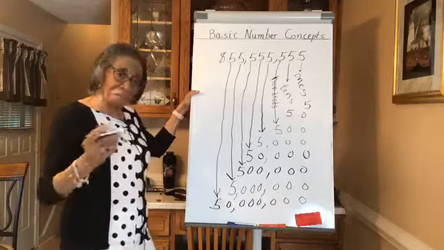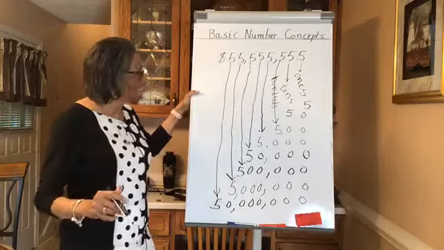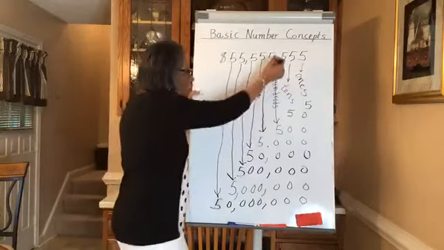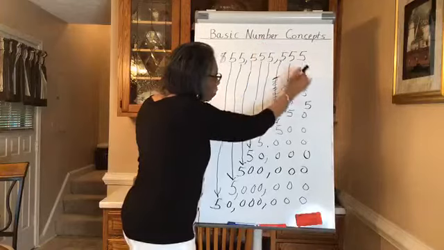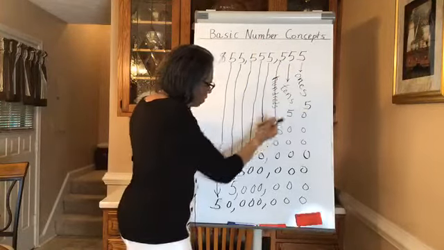All right, so let's backtrack and make sure we're on the same page. The first family here is the ones family. We have ones, tens, and hundreds.